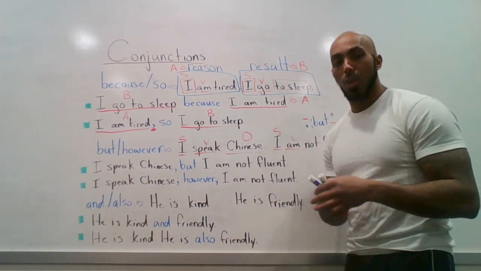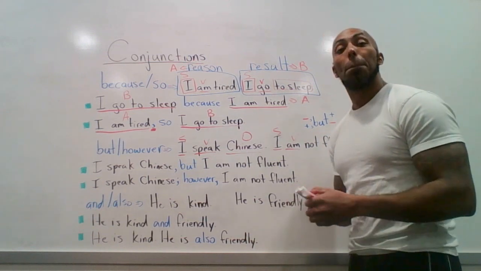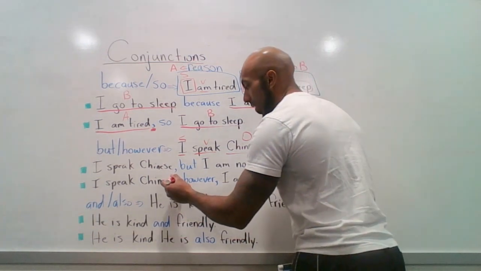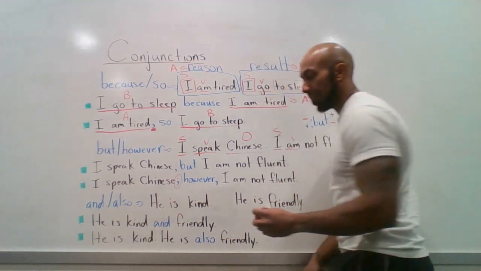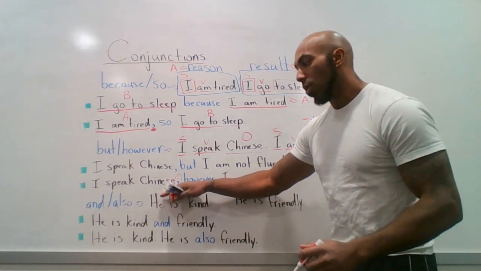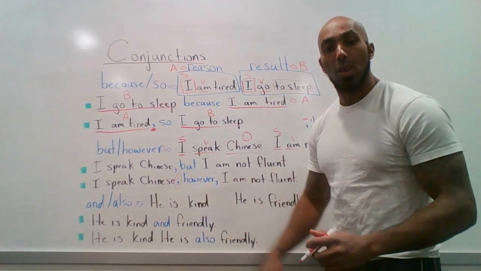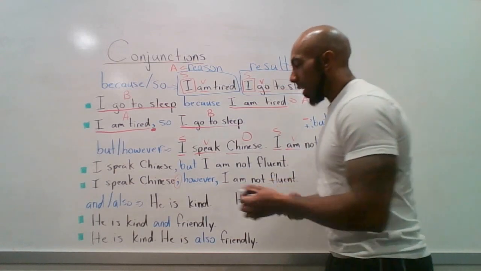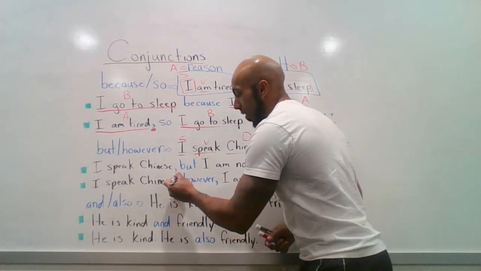I'll show you in a little while. But first, let's talk about our punctuation here. You see I have a semicolon. Now, when do I use a semicolon? Let's see, I'll make this darker so you can see it.